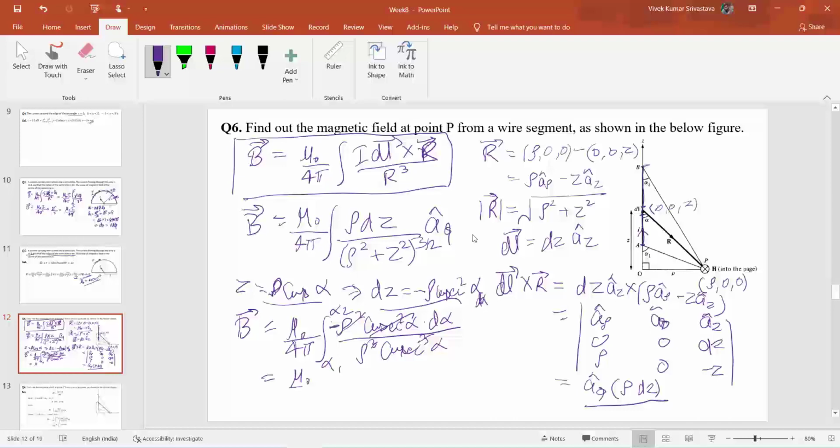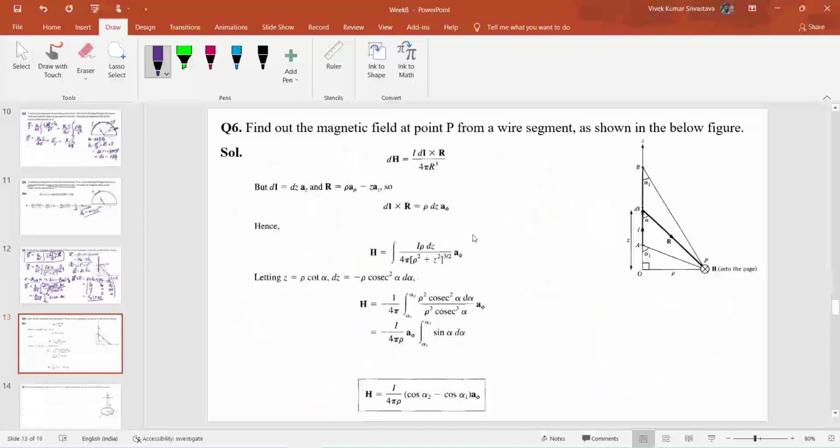This will be equal to mu naught over 4 pi rho, and this will be the integral from alpha 1 to alpha 2; minus we can take outside this integral, and this will be sine of alpha d alpha. Okay, so we have to integrate.